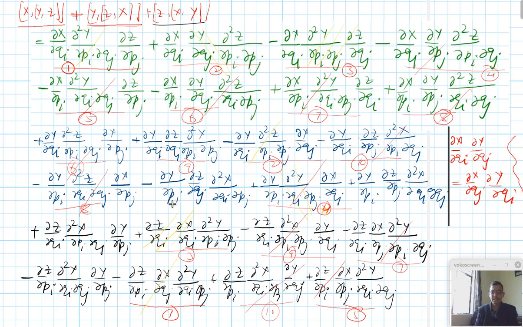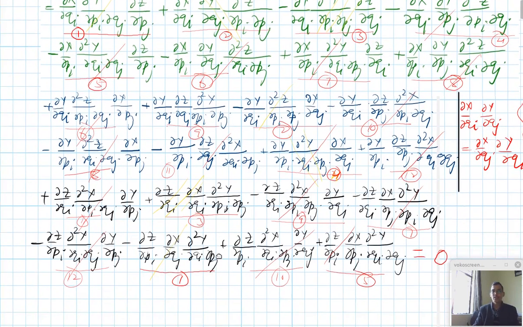Then this is the 11th term, equivalent to this one, both equal and opposite, so they will cancel out. And this is the 12th term, equivalent to this term. So all will cancel out, and the overall result comes out to be equal to 0.